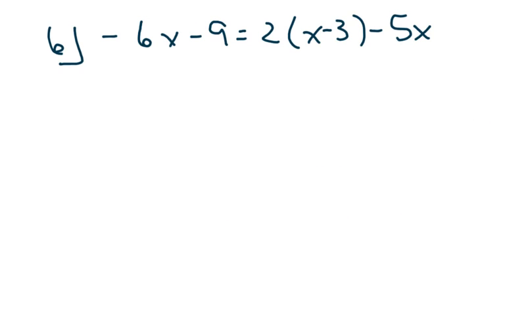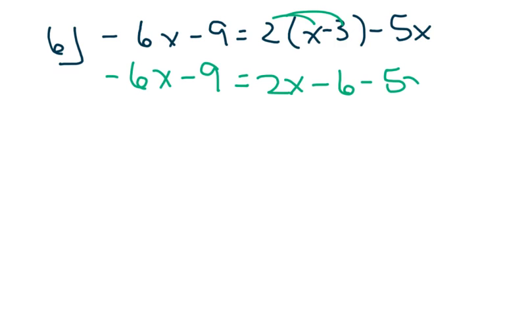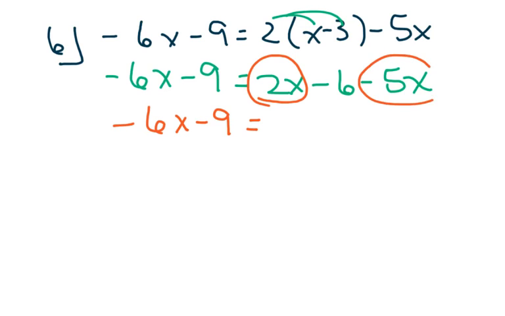All right. Now on this one, I'm just going to copy the left side of the equation down, distribute here, and collect like terms on the right side. The left side's fine, but I'm going to combine these two.